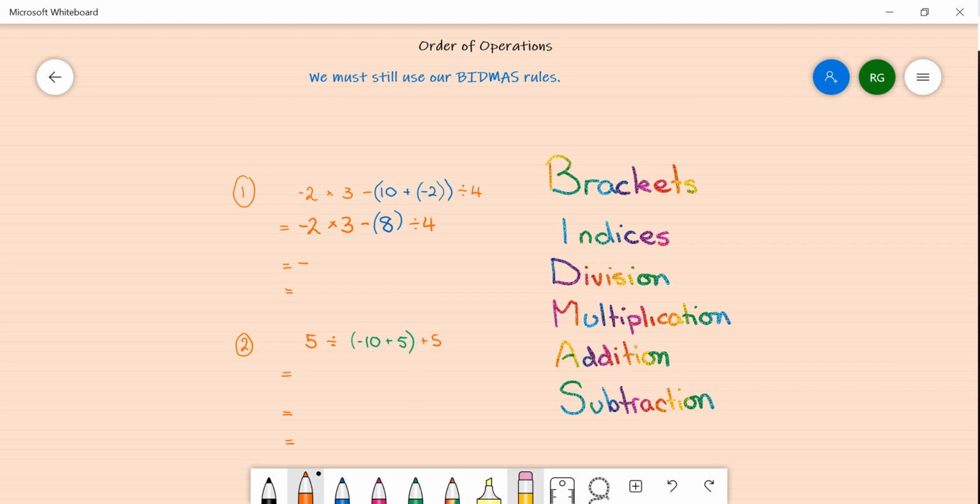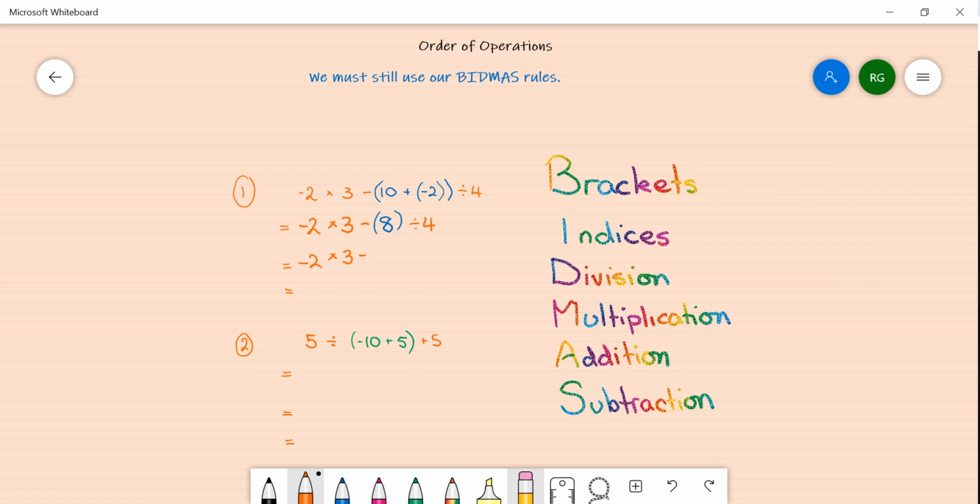So let's rewrite it. -2 multiplied by 3. Now that's technically -8 divided by 4. From our last lesson, we spoke primarily about multiplying positives and negatives, but the same principle applies to dividing.